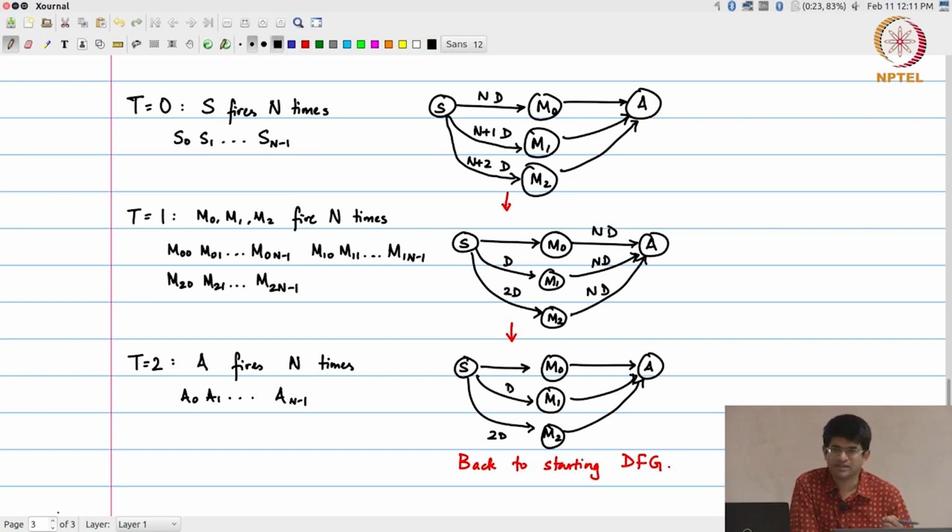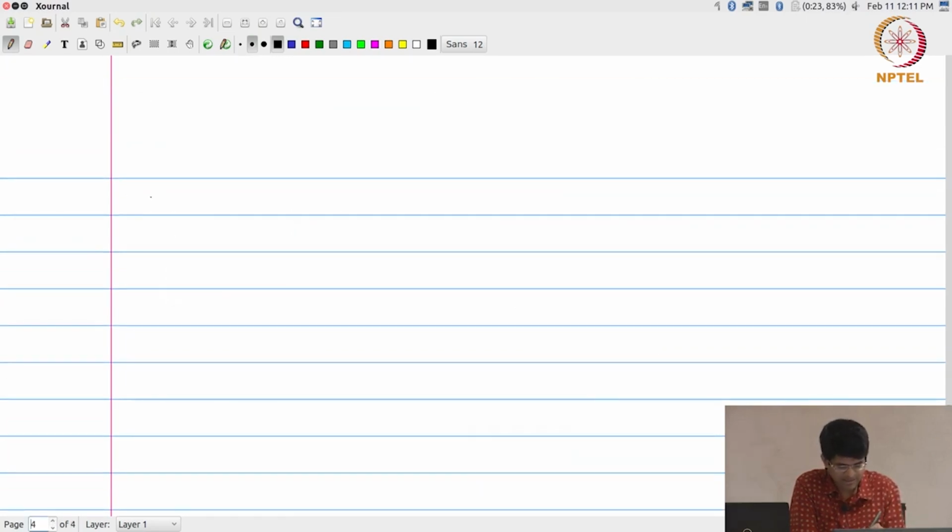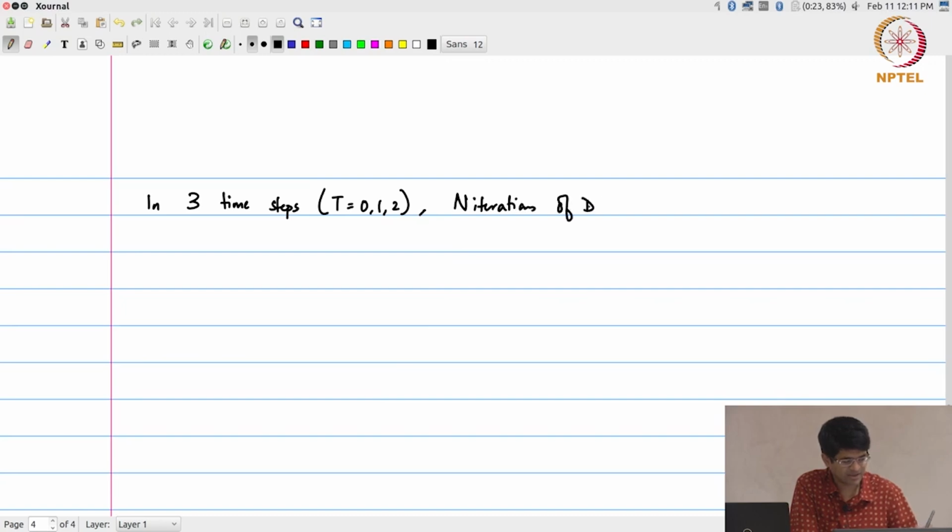How long did I take? How many time steps have I taken to finish this computation? 3. T equal to 0, t equal to 1, t equal to 2. So essentially what I have is, in 3 time steps, n iterations of the DFG completed.